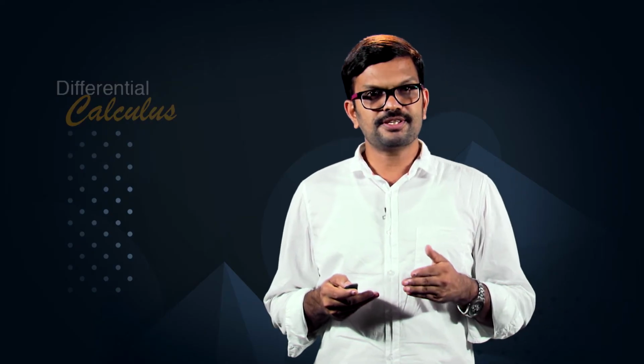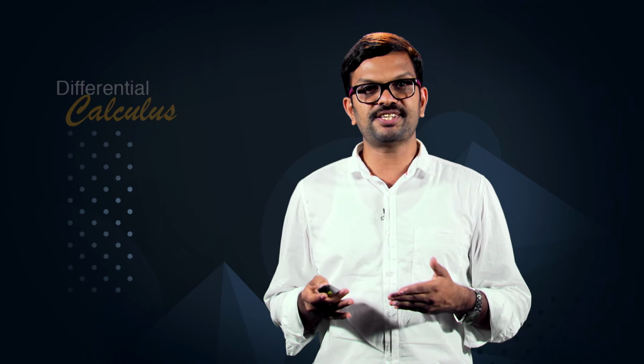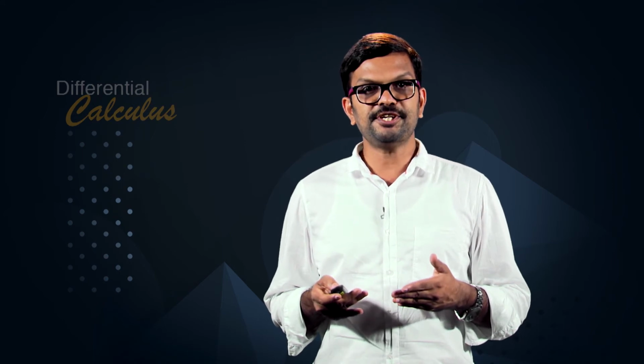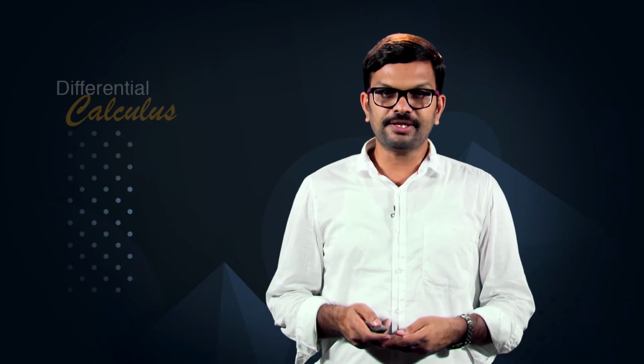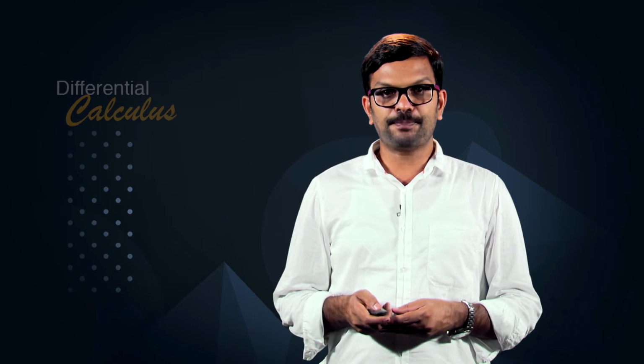Proof: since f is differentiable at c, then by the definition of derivative, f dash of c is equal to limit x going to c of f of x minus f of c upon x minus c. We know that a function g of x approaches the two-sided limit L as x approaches c if and only if g of x approaches the same value L as x approaches c from the left as well as from the right.